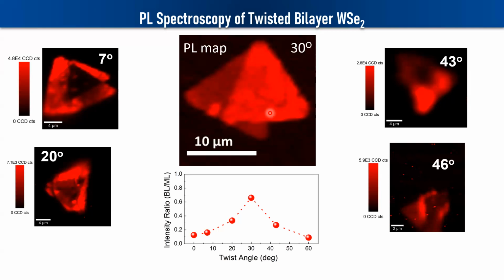So because of that, your PL intensity is not getting quenched, it is just getting added up. So you are basically seeing the PL intensity from two separate monolayers here, whereas in the other cases, because of the coupling or the hybridization of the pz orbitals of your selenium, you see that there is a transition to an indirect band gap, and that basically reduces the PL intensity.